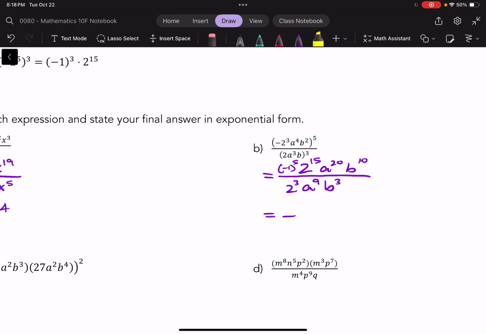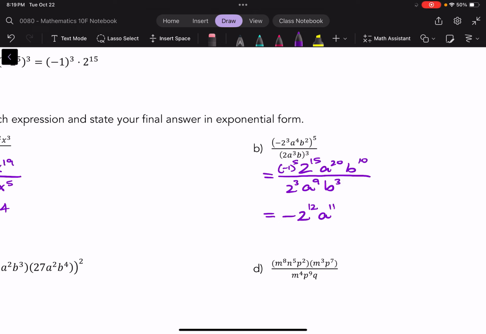Then we've got 2 to the 15 divided by 2 cubed. Our quotient rule says that we subtract those exponents while keeping the base the same. So that's 2 to the power of 12. We've got a to the power of 20 divided by a to the power of 9, which will give us a to the power of 20 minus 9.